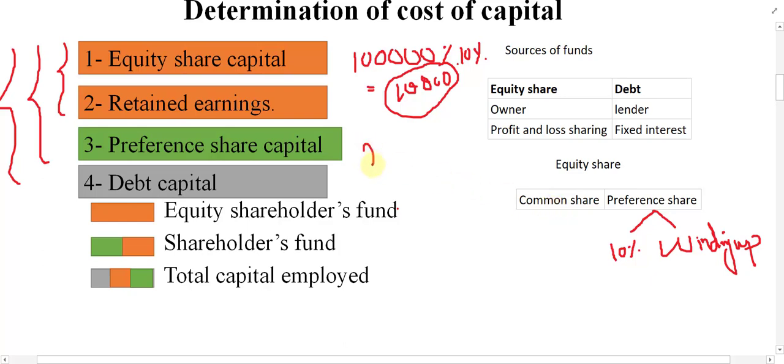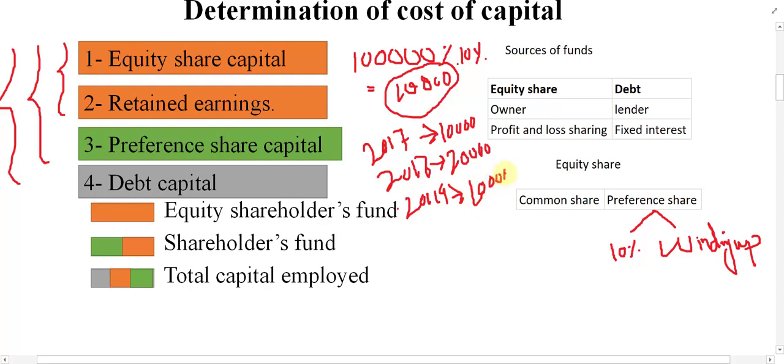Let me give a simple example. For example, in 2017, the business made 10,000 profit. In 2018, for example, the business made 20,000 profit. In 2019, the business made 1 lakh profit.